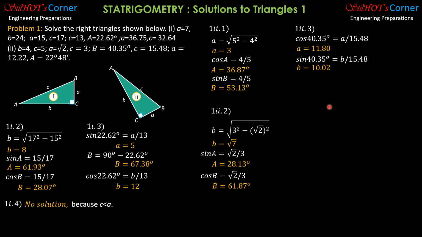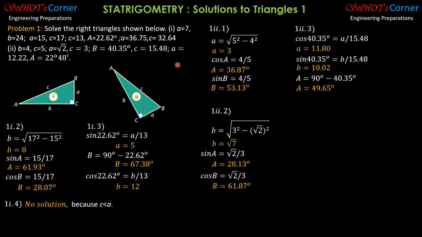For angle A, we use 90 degrees minus angle B, so 90 degrees minus 40.35 degrees. So angle A is 49.65 degrees.